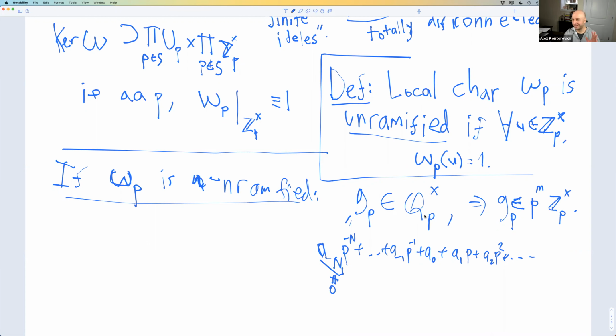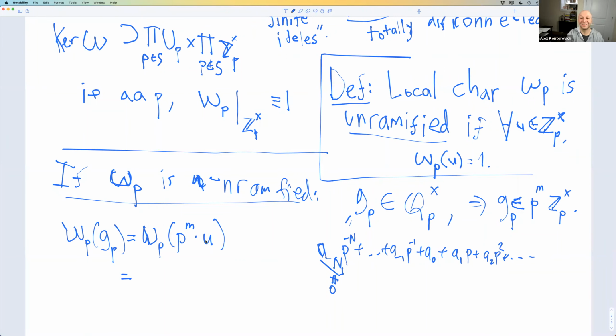Every invertible p-adic rational is in some Z_p cross shifted up or down by some power of p. So what do we know about omega_p of g_p? It's a character, so it's multiplicative. Any g_p is p^m times an element u in Z_p cross.